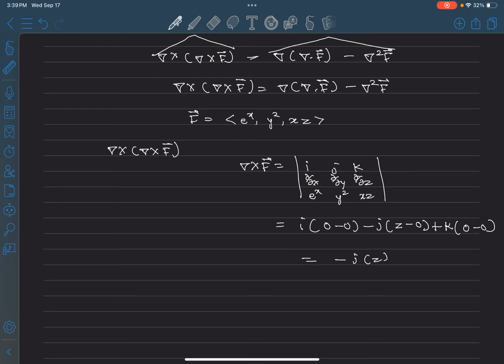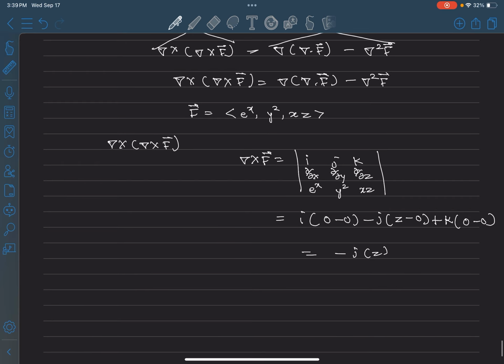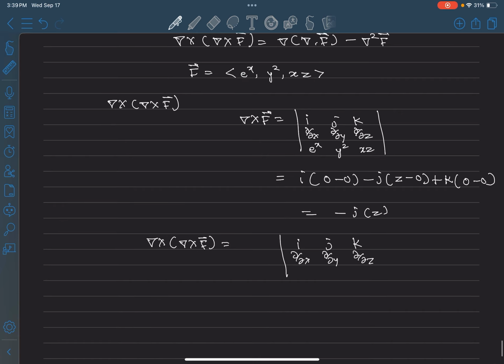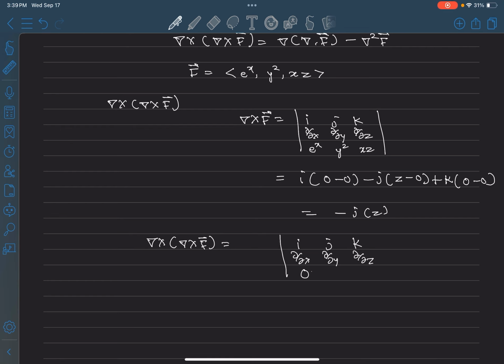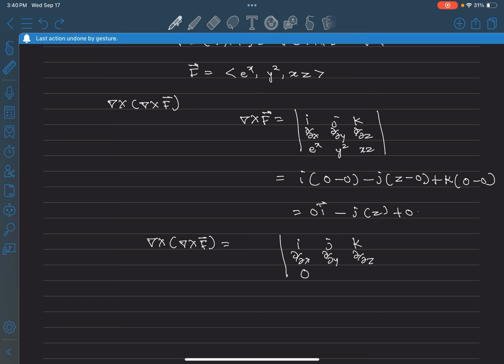Now that we know that, let's again find nabla cross of this. We already know the inside thing, nabla cross F, so let's use that again: i, j, k, partial x, partial y, partial z, and then we have 0, minus z, 0, because in this nabla cross F we essentially have 0i minus z j plus 0k.